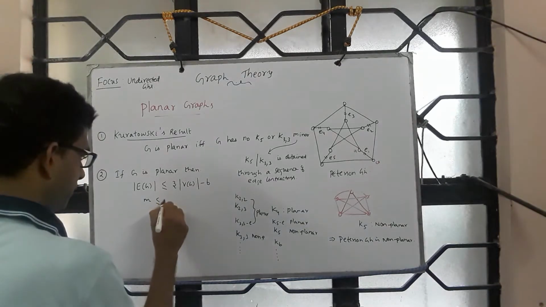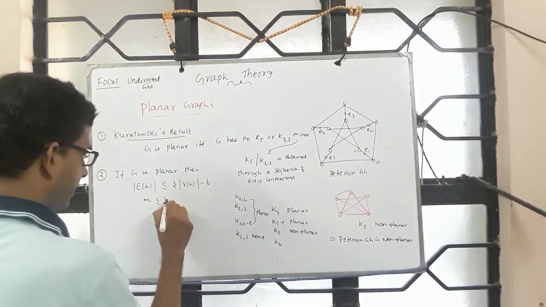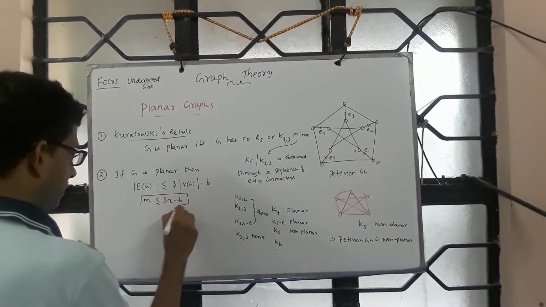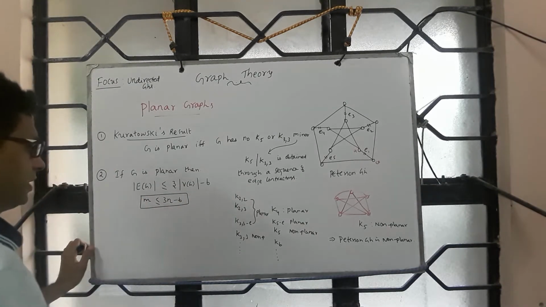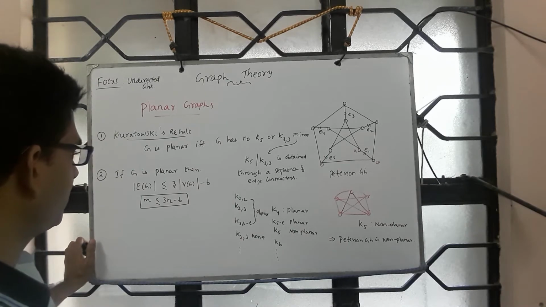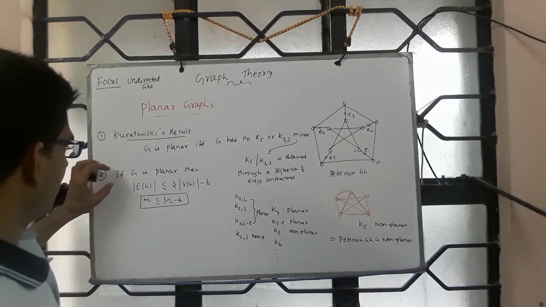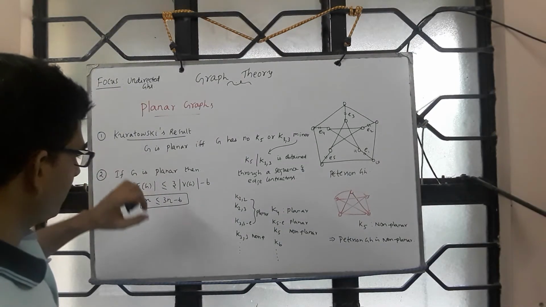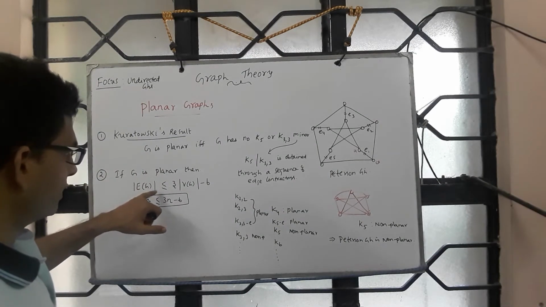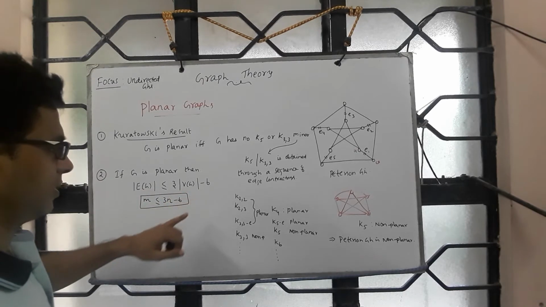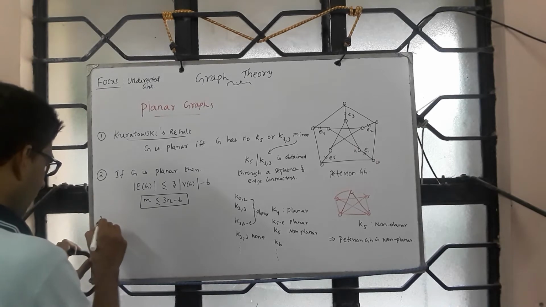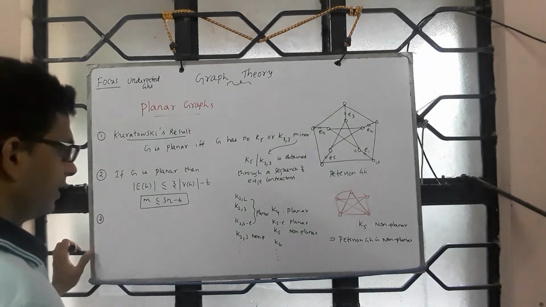So M is at most 3n minus 6, where we call the number of vertices n. So the number of edges is at most 3n minus 6. This is only a one-way, necessary result. If G is planar, then the number of edges is at most this. The converse need not be true.